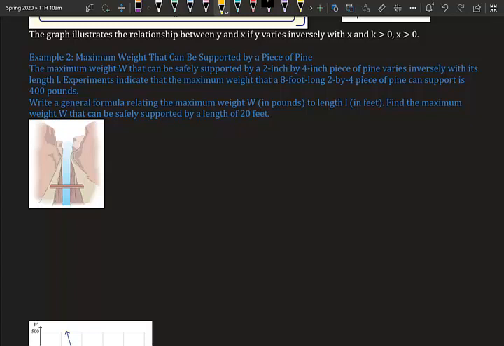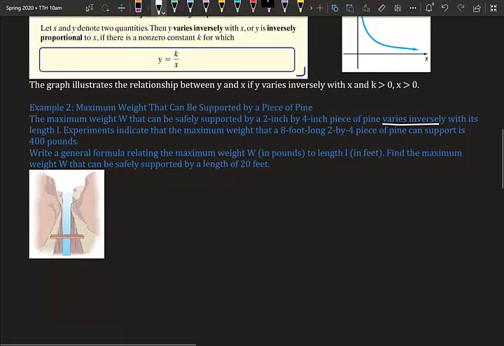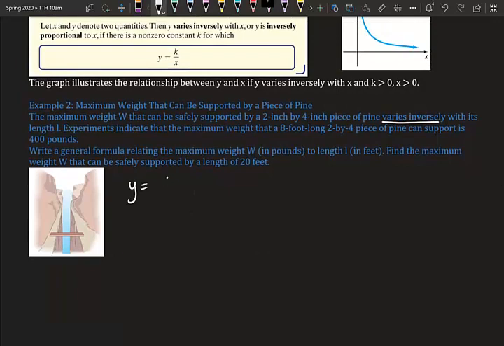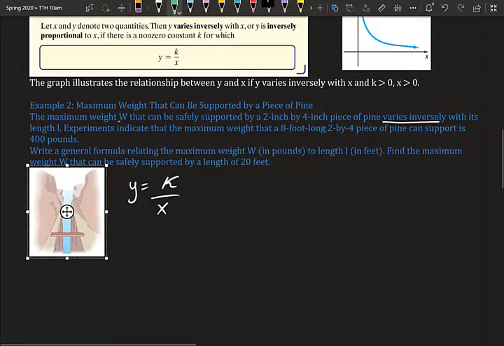Cool. All right, so because it says varies inversely, we're going to be using our formula of y equals k over x, or something similar to that. But instead of y, the part before the term varies inversely, we have weight.